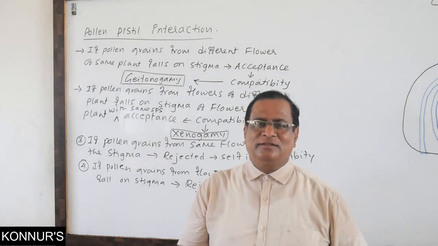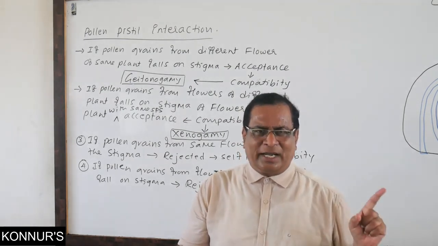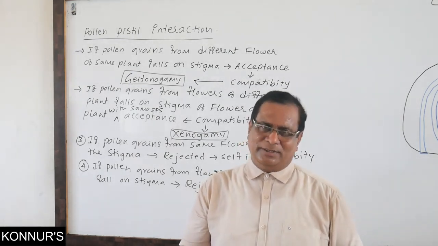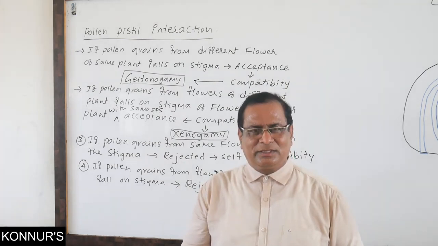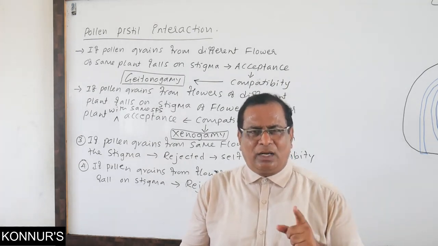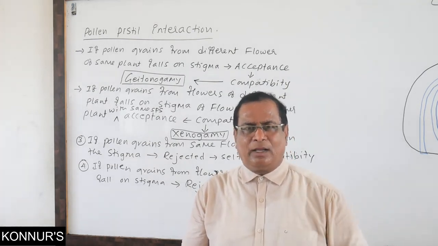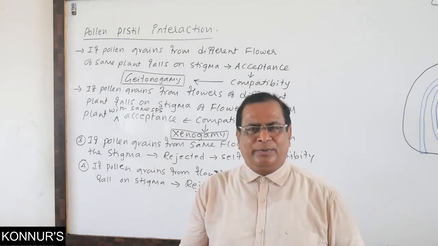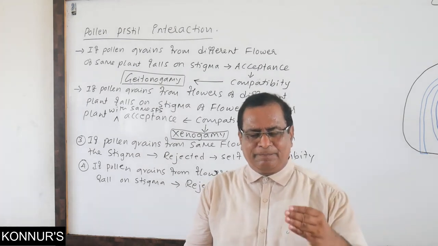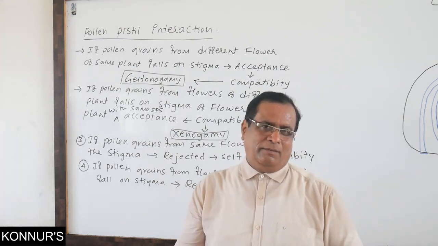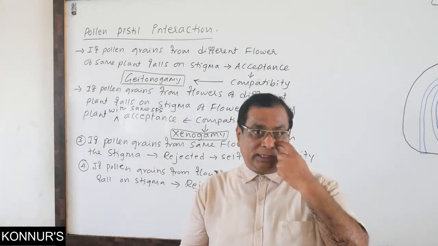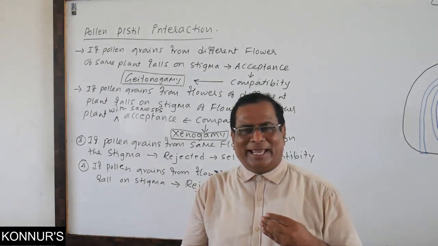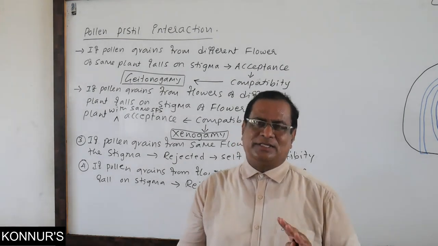When the pollen grain says yes, the stigma accepts them. Compatibility. It means whenever the pollen grain falls on the stigma, there is some sort of dialogue between pollen grain and stigma. Based on those dialogues, either the pollen grain is accepted or rejected.